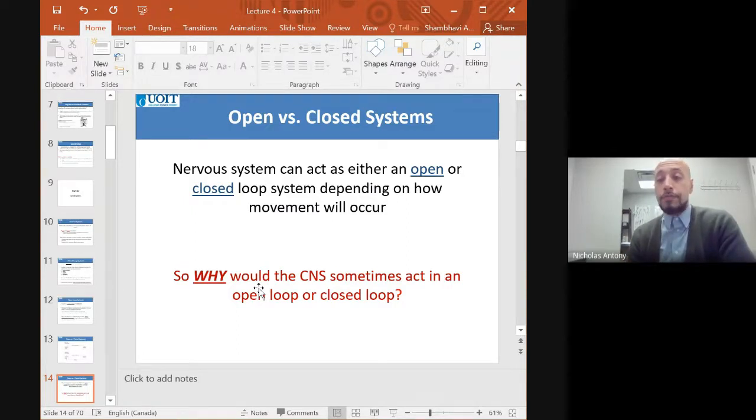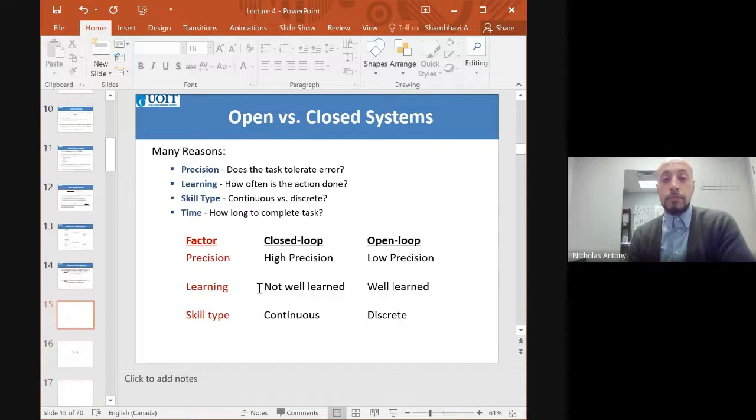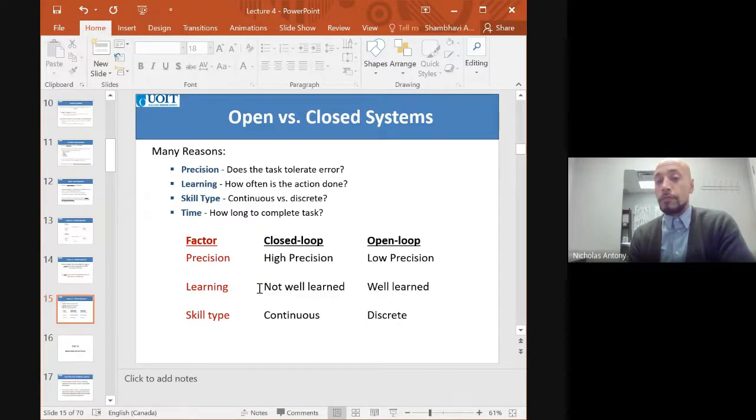Just the next slide. So if we want to move more accurately, or we want to move with precision, would we want to work in an open or closed loop system? Because we can all agree on that, right?